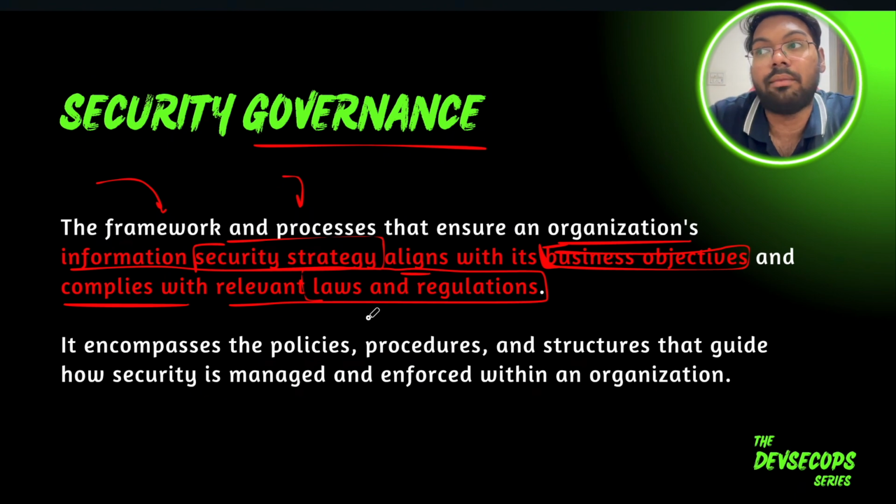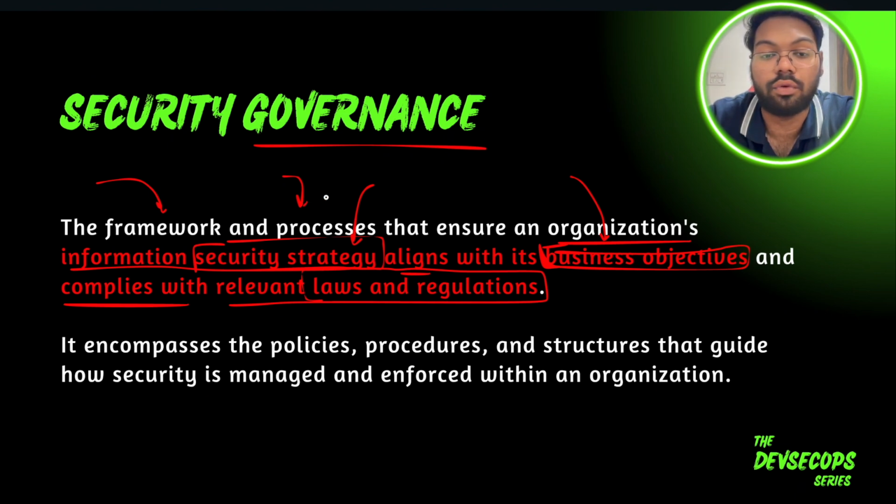Let's say I am creating an application which would facilitate payments from one bank to another bank. So what is my business objective? Payment interface. Then securing the data of the people should be a priority, because if bank account details are leaked, that is really harmful in terms of financial losses.